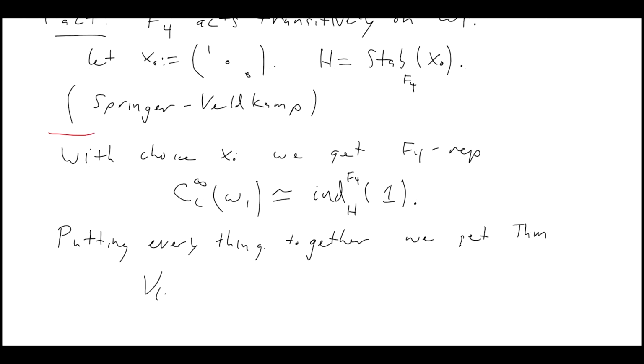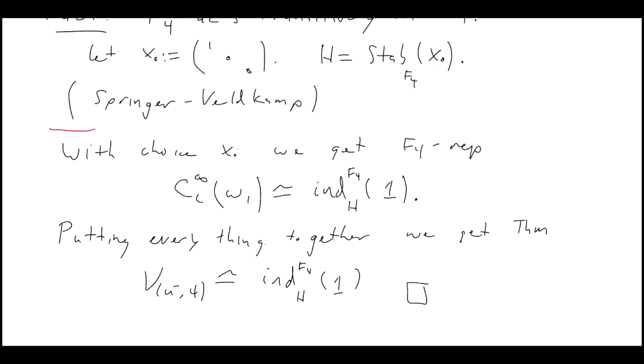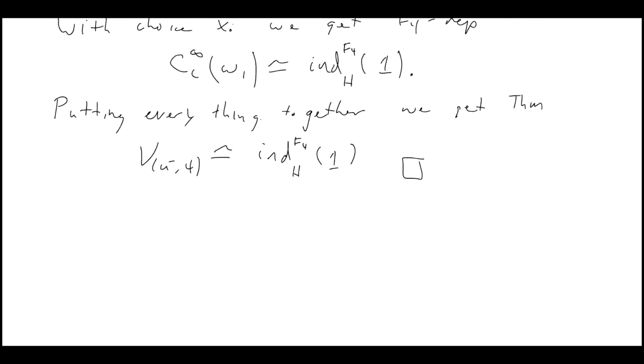It is that if we take the PGL2 Jacquet module of the minimal representation, then as an F4 representation it is isomorphic to inducing the trivial representation from Spin 9 up to F4. Any questions about the proof of that theorem? All right.